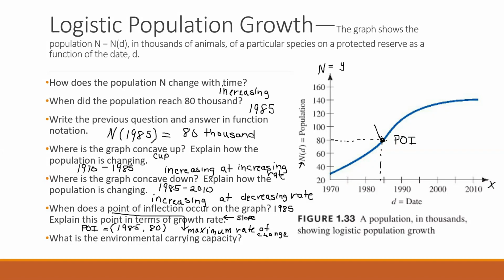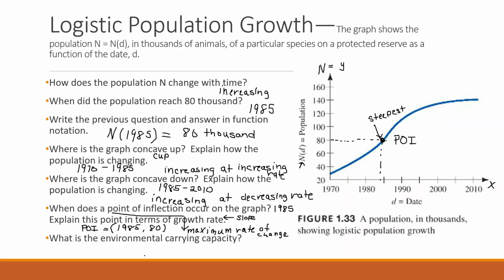So right in here, this is where our slope, our rate of change, is the steepest ever. And so that's something that's going to come up again in the course. So I'm pointing it out to you now. You want to associate that change in concavity with the point of inflection with the maximum rate of change.